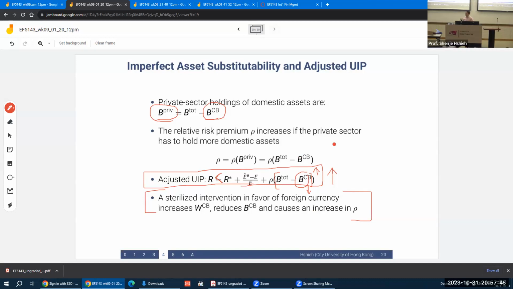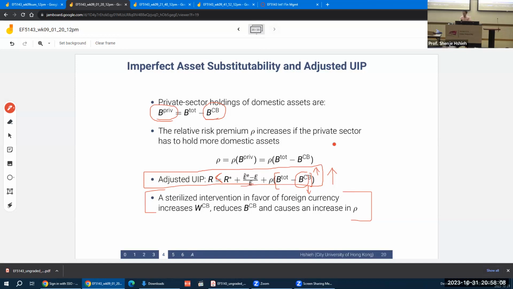Equally important, again, the relative risk premium means the relative supply of your home central bank's bonds relative to the change in supply of the foreign bonds. So if they change their supply, that could change private holdings, and that could change the relative risk premium.